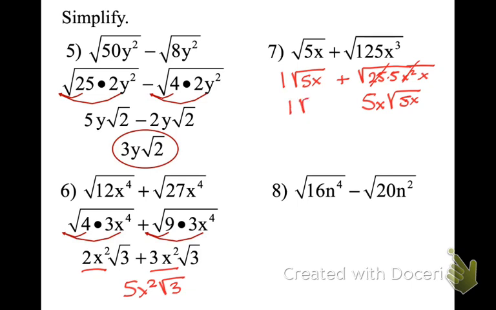So I have 1 times rad 5x plus. Okay, now in this case, what you have to notice is that 1 and 5x, we can't add them together. So we have to put in parentheses 1 plus 5x. That whole thing is going to be multiplied by rad 5x. It's the reverse of the distributive property, right?